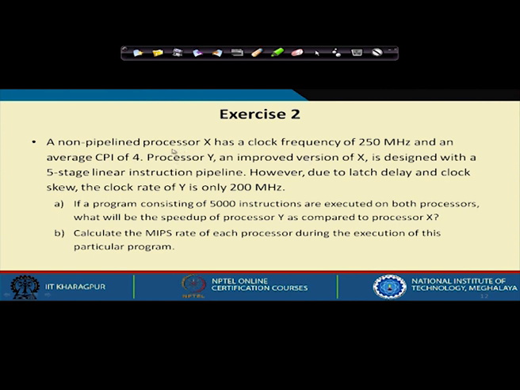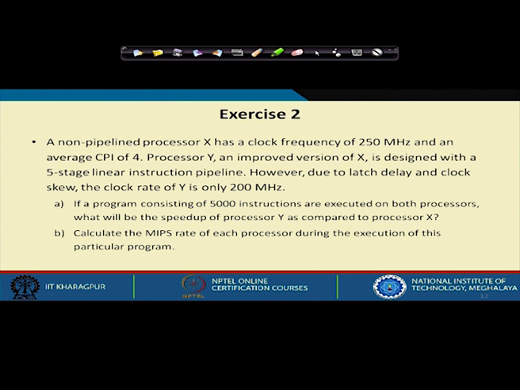There is an improved version Y, which has a 5-stage linear pipeline, but because of the latch delays and other overheads, the clock frequency is reduced to 200 megahertz. Now, there are two things asked: if I am running 5000 instructions on both the processors, what will be the speed up? How fast will Y be with respect to X? And secondly, what will be the MIPS rating of the two processors?